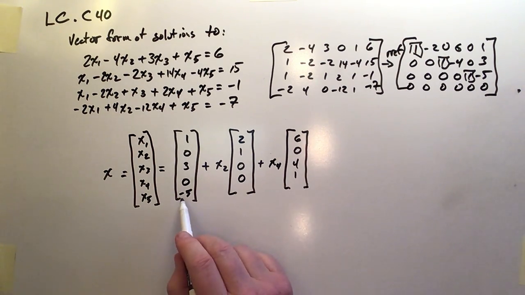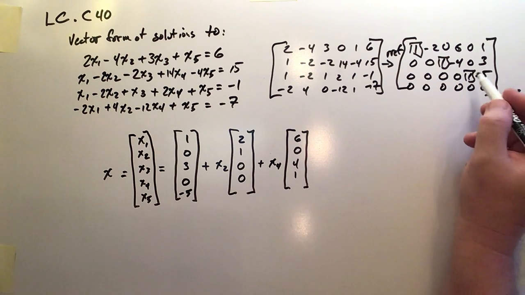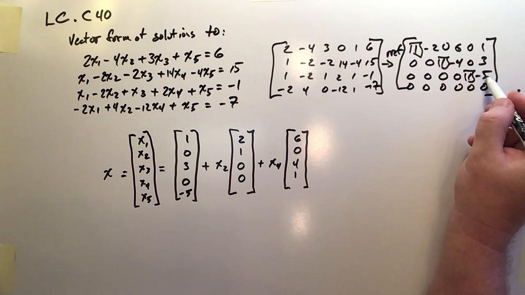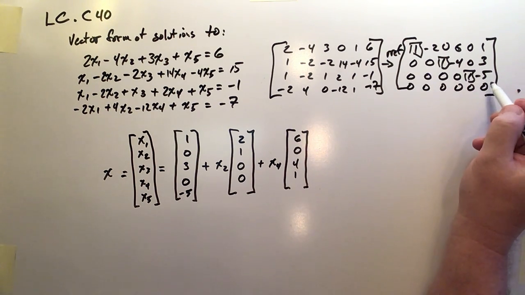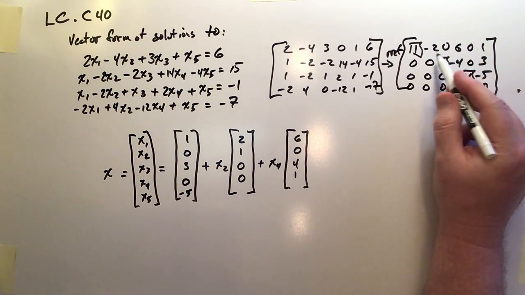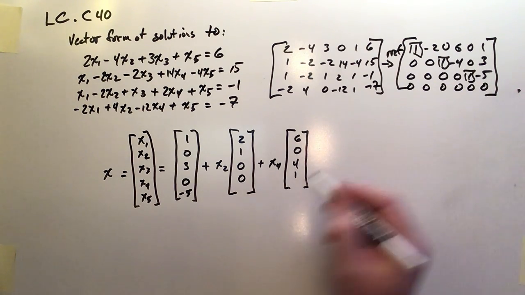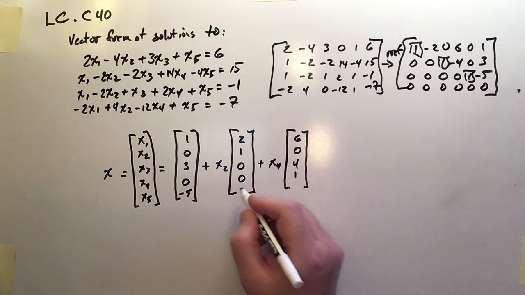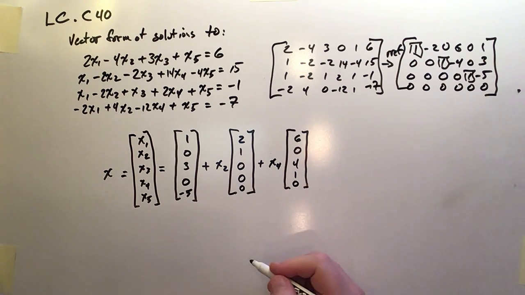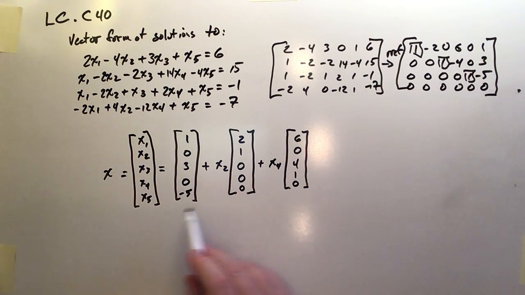And then finally, x5. x5 was actually a fixed variable, so it wasn't a function of either x2 or x4. So x5 is negative 5, and it gets zeros for both. And there it is. This is the vector solution to the equation.